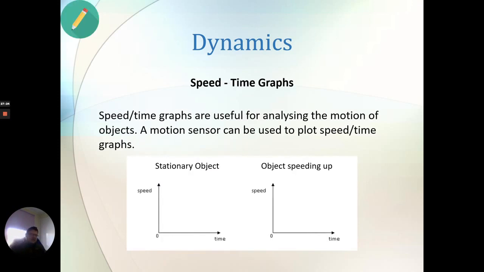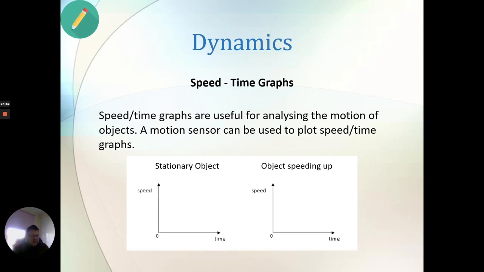Speed time graphs. This is, again, something that you would have dealt with all the way back in third year physics. So we've got speed on the y-axis, time on the x-axis. Please, under normal circumstances, include units. They are not included here for convenience; anytime I am drawing them in terms of answering a question, they will be there.